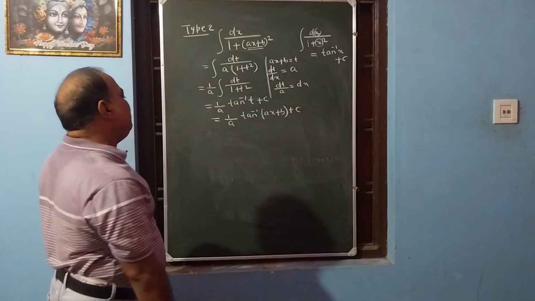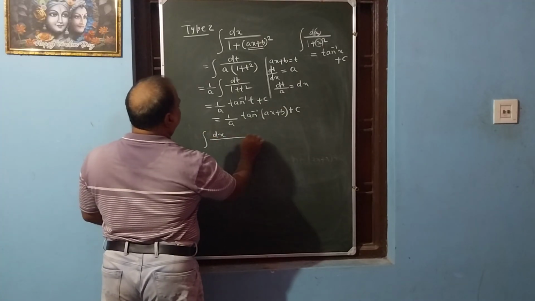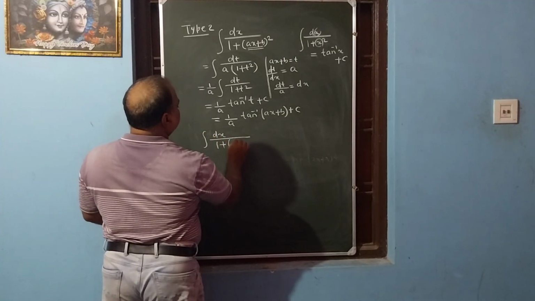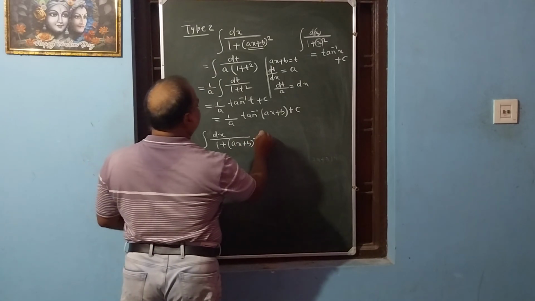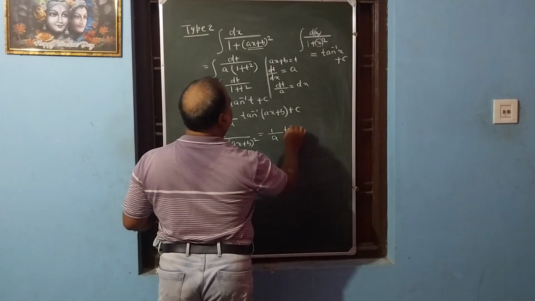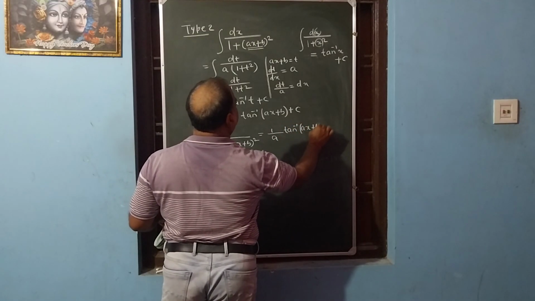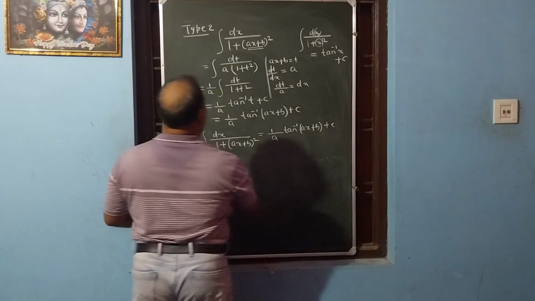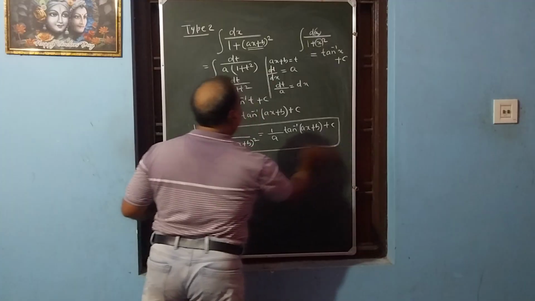So you have to remember the formula: integration of dx upon 1 plus (ax plus b) whole square is equal to 1 by a tan inverse (ax plus b) plus c. This is the formula you have to remember.